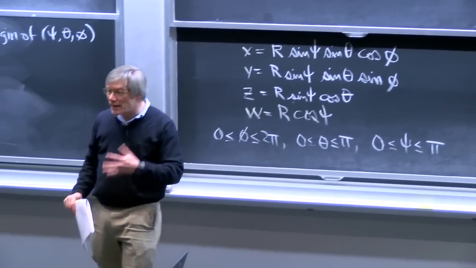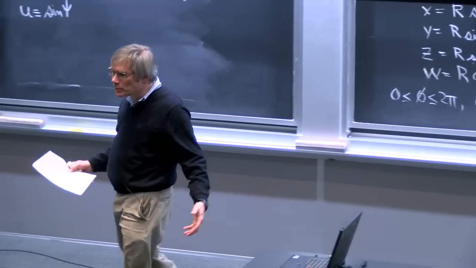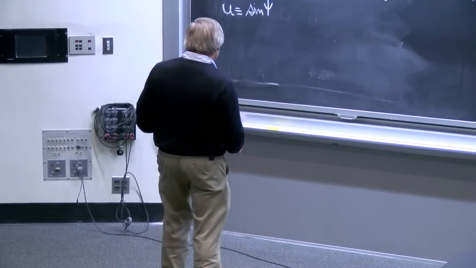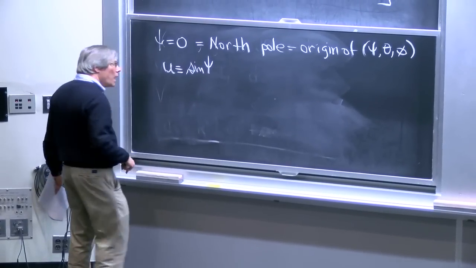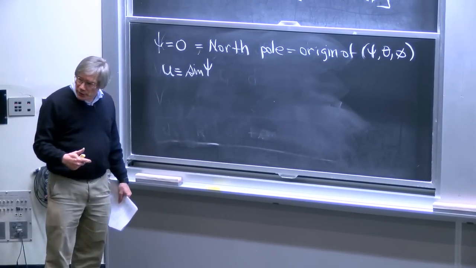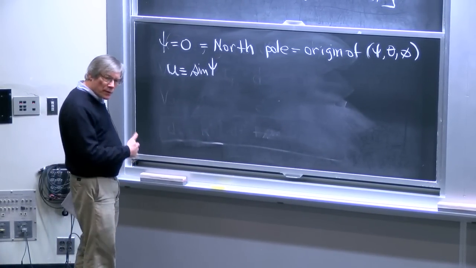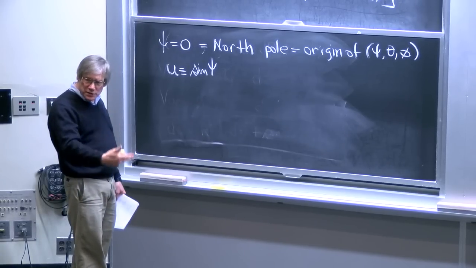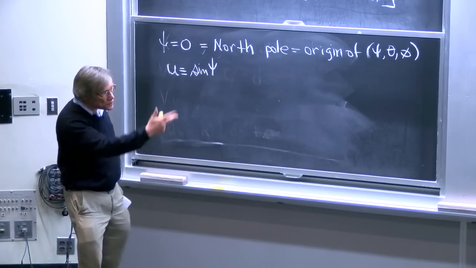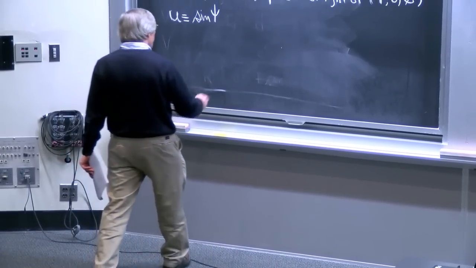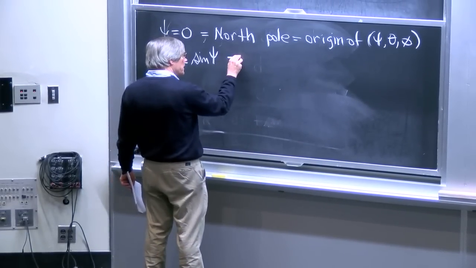So taking that as our natural variable is a reasonable thing to do on occasion. Both are useful. If we do use this, then we can rewrite the metric in terms of u instead of psi. And in order to do that, we just have to know how du relates to d psi, because the metric is written in terms of the differentials of the coordinates. So that's easy to calculate.